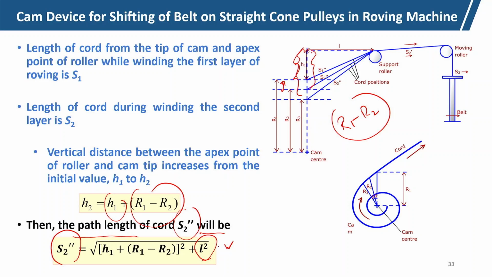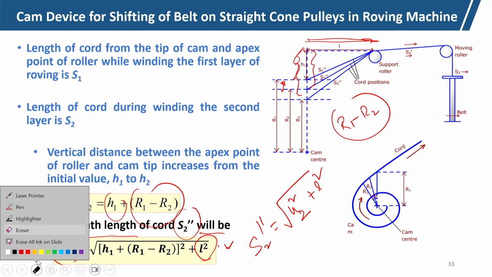This is the L. So, S2 double dash will be under root H2 square plus L square, H2 square plus L square.